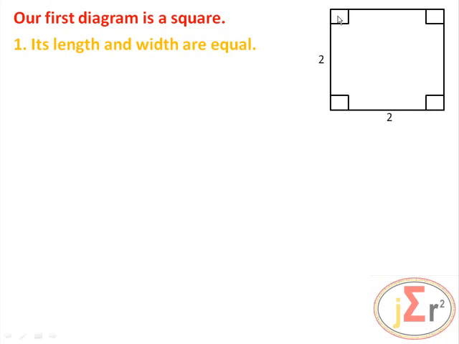Because we have four sides here, but that does not make it a square. We have four right angles. That does not make it a square. But when we have four right angles and these adjacent sides are equal, then we know that all sides are equal.